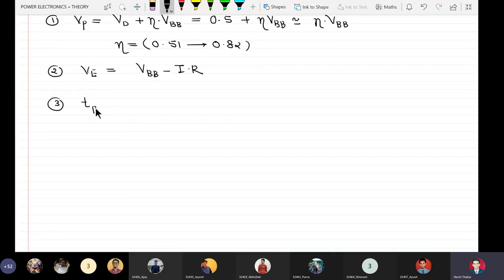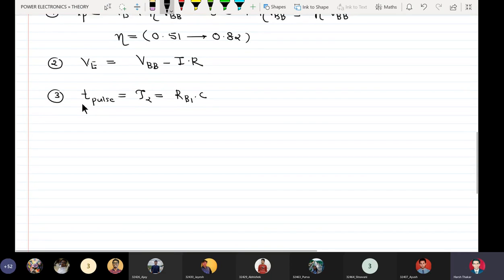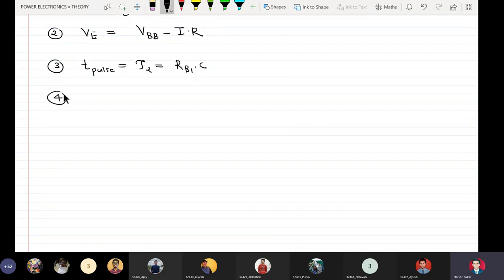So the pulse width is nothing but equal to tau 2, which is equal to RB1 into C. Fourth is the maximum value allowable for R. So R max should be less than or equal to VBB minus peak point voltage upon peak point current.